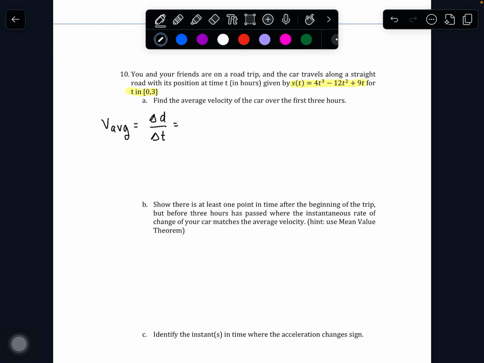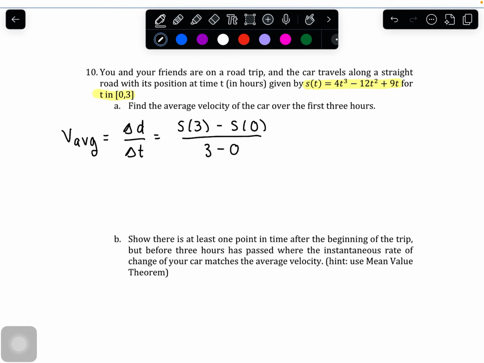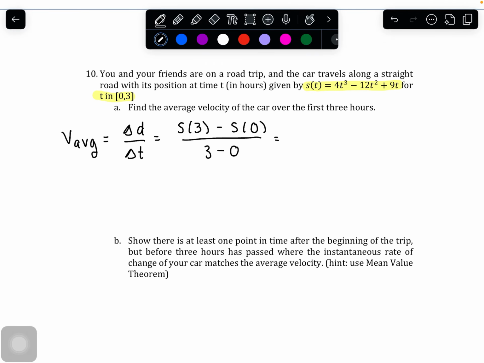So it's going to be s of 3 minus s of 0 all over 3 minus 0. So we get 4 times 3 cubed minus 12 times 3 squared plus 9 times 3.